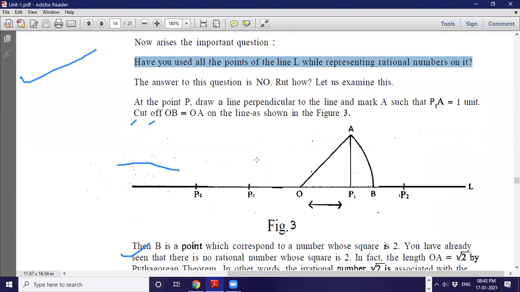You see at the point P1, draw a line perpendicular to the line and mark A, this one. So P1A is 1 unit. We cut off OB as equal to OA on the line as shown in this figure. So this OB is equal to OA.